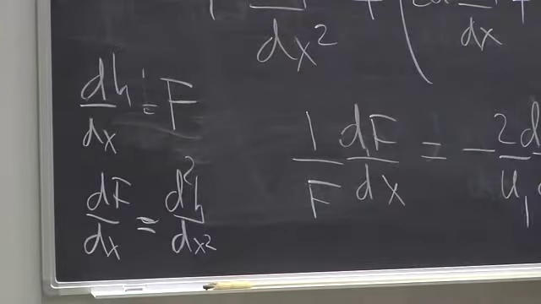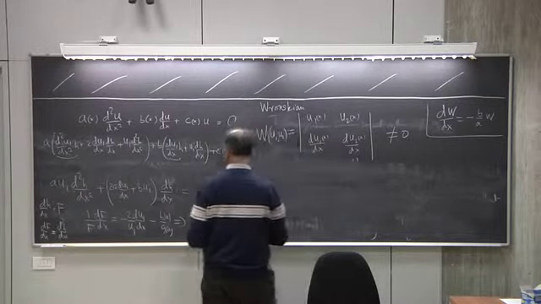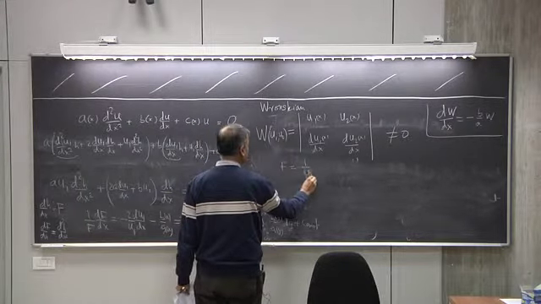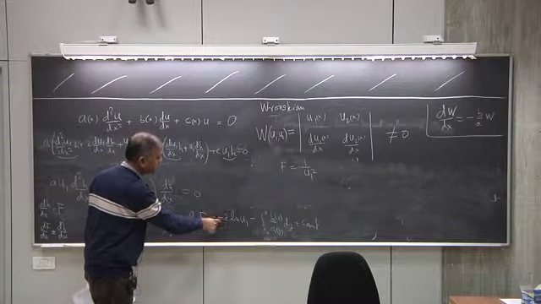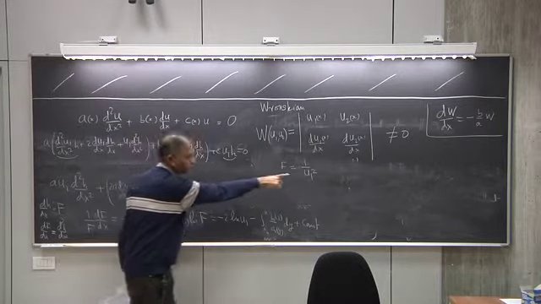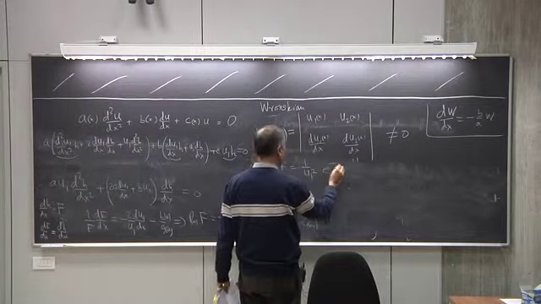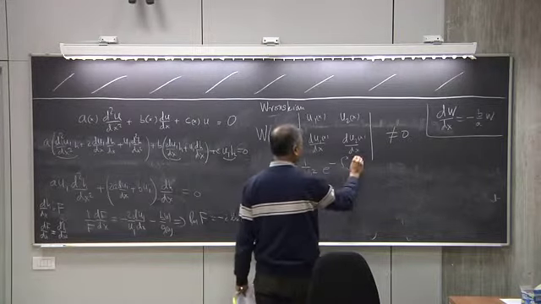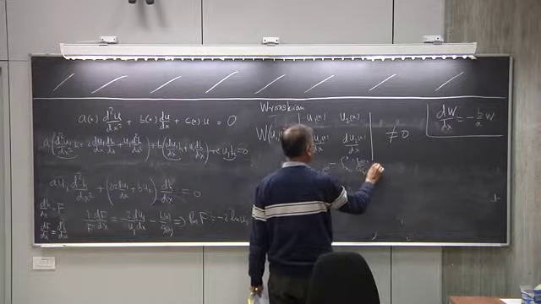All right, now let's see. Let me erase this part. So what we are seeing is that f is equal to 1 over u1 square. I just take the exponential of both sides. This gives you f, there's an e to the power of minus 2 log u1, which is the same as 1 over u1 square, times e to the power of minus the integral from x naught to x of b over a, dy.